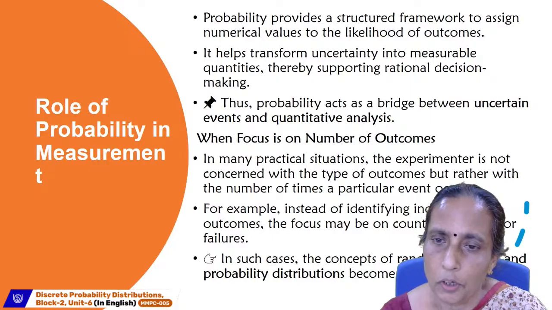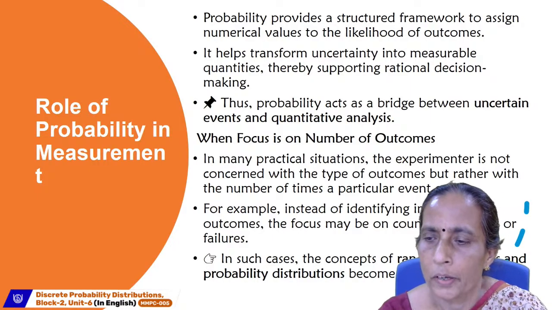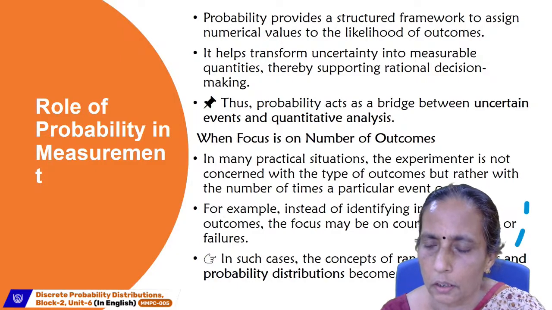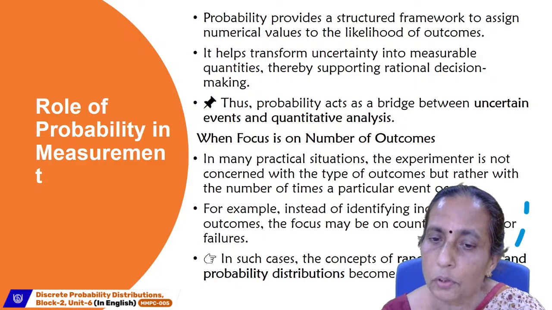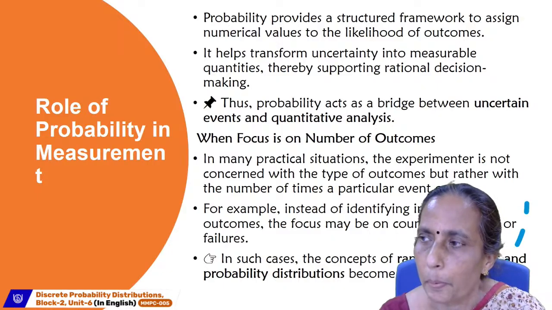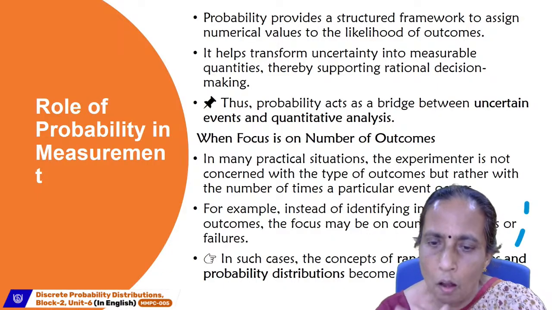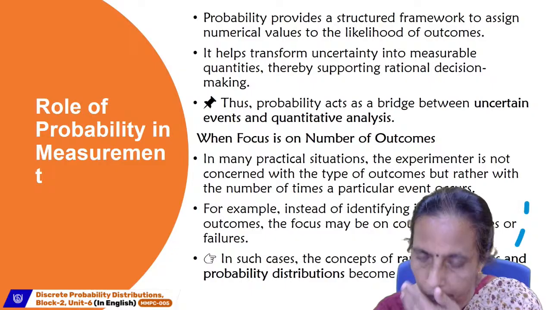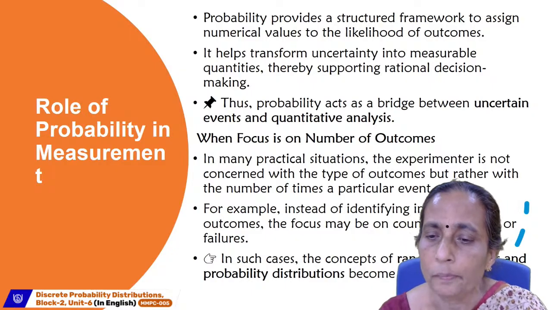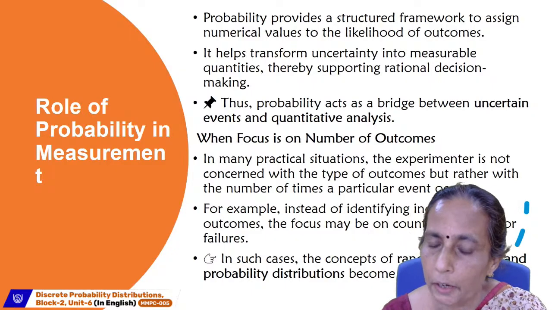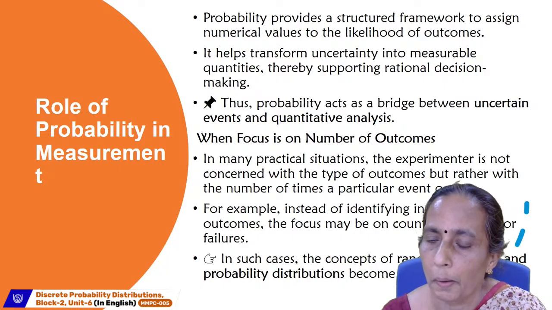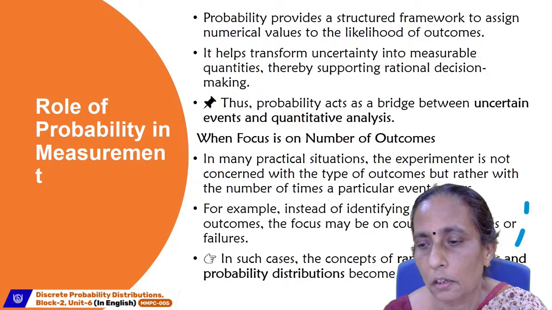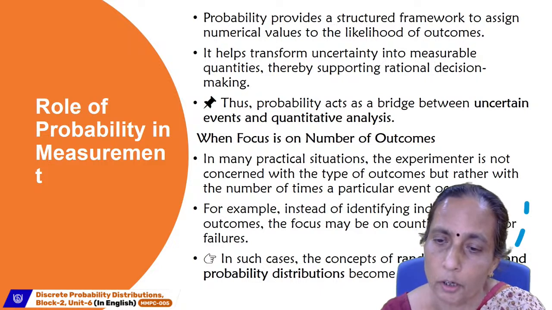When the focus is on the number of outcomes, in many practical situations the experimenter is not concerned with the type of outcomes, but rather with the number of times a particular event occurs. For example, instead of identifying individual outcomes, the focus may be on counting successes or failures.